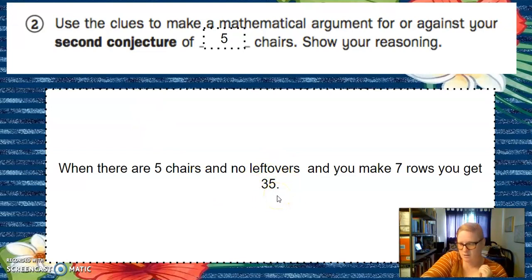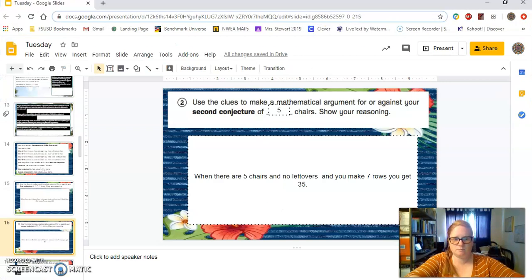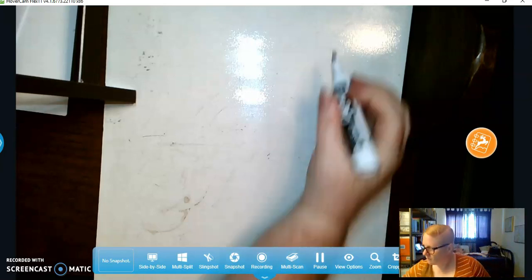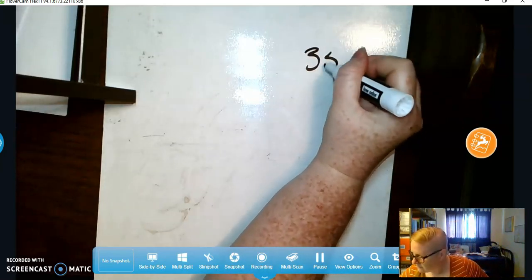So for instance, 35, let's try it against our rows of 4. They seem to be my favorite ones to work with. 35.